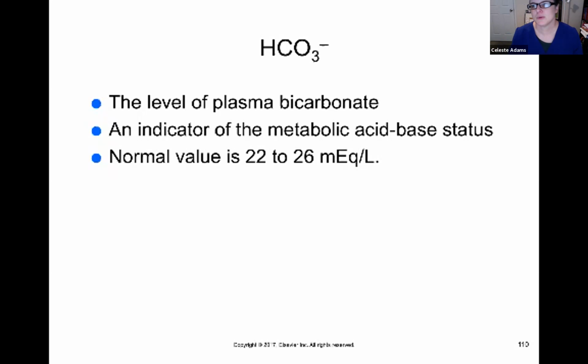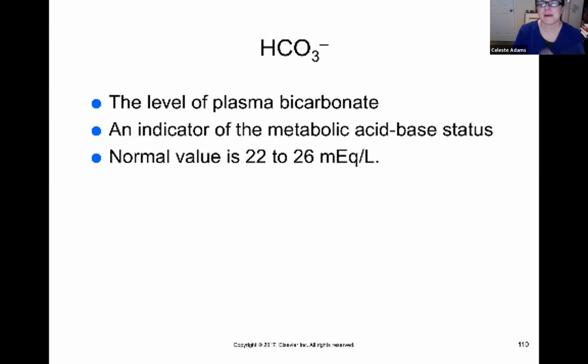What did I tell you guys to think of when you think of metabolic? What organ? Do you remember? The kidneys. Kidneys equals metabolic equals bicarbonate. Or more simply, metabolic equals kidneys.